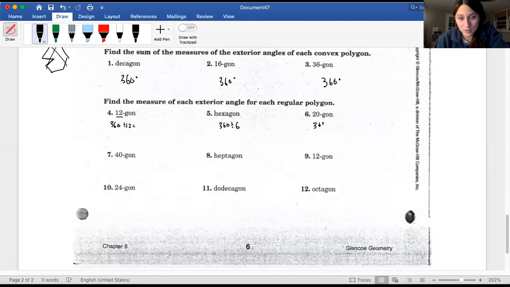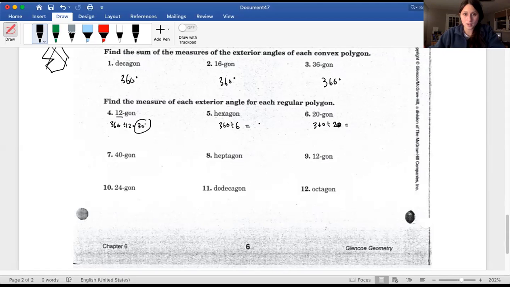Do you get the idea? 360 here divided by 20. So you would just do that to find each exterior angle. Instead of all of them, now you're just looking for one. So 360 divided by 12 is 30. So one exterior angle is 30 degrees.